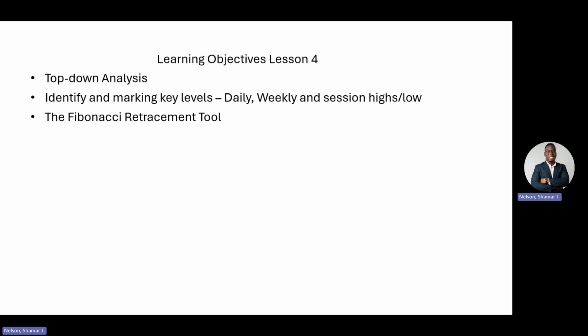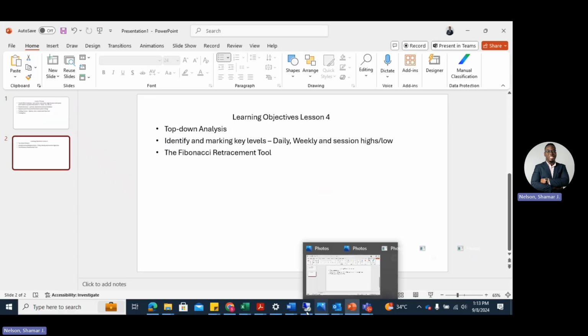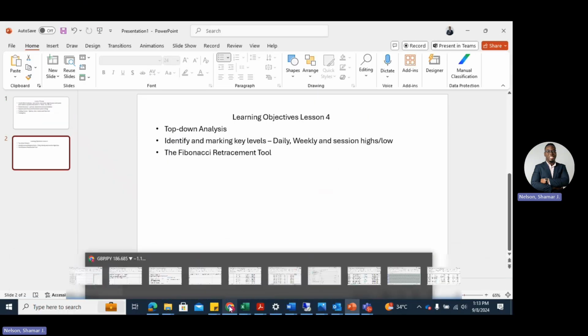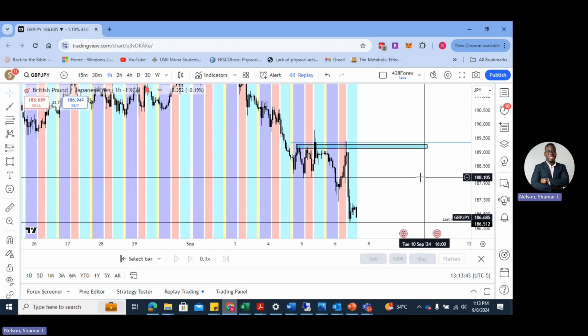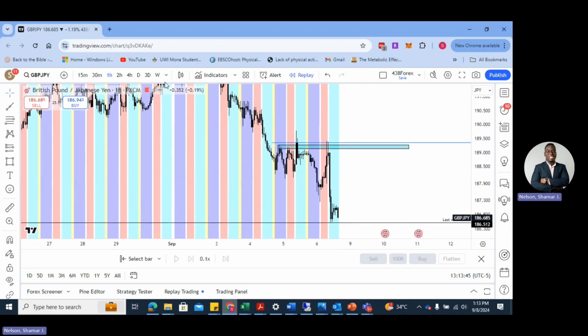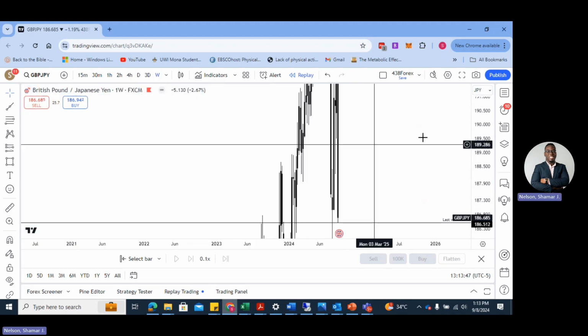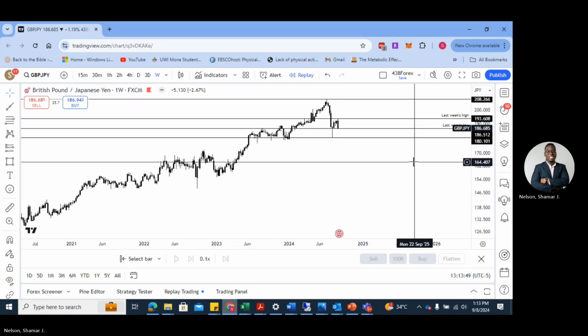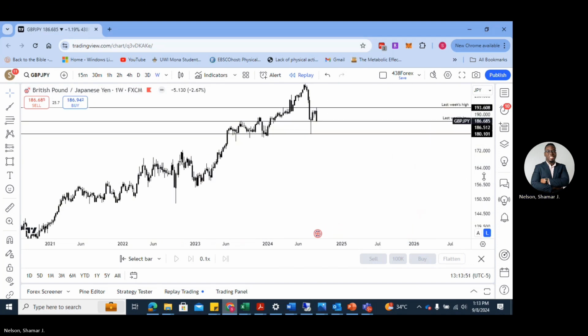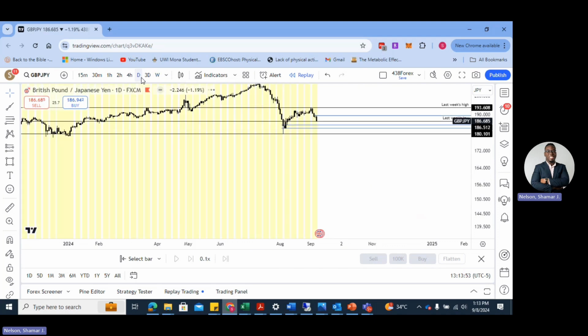So I went from weekly down to daily. But let me go in there a little bit more. So we have the weekly, we have the daily.